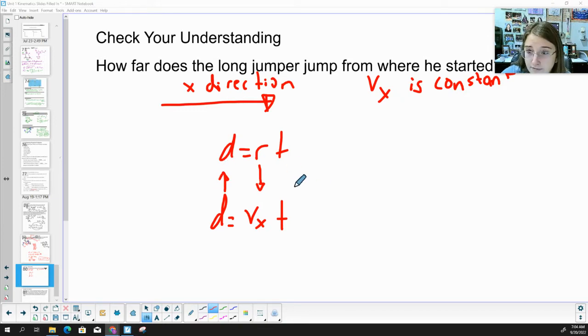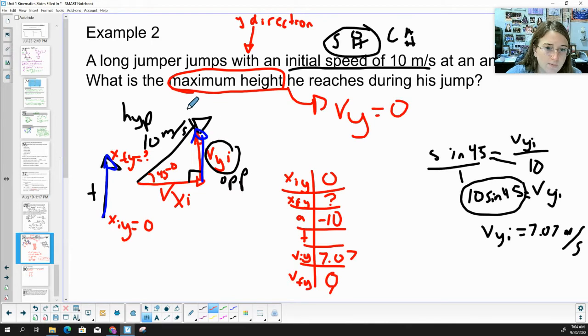I'm going to have you start off by finding the x component of velocity, because we have this little picture right here. We can find the x component of velocity. Hopefully you realize something and you don't have to do extra work. Take a second and find the x component of velocity. Now, because this is a 45-degree angle, I know that the x component is going to equal the y component.